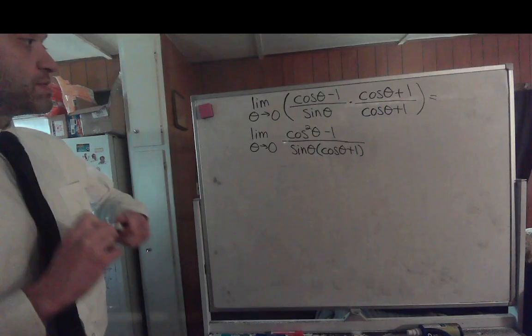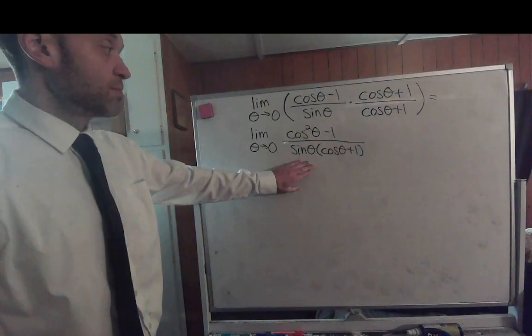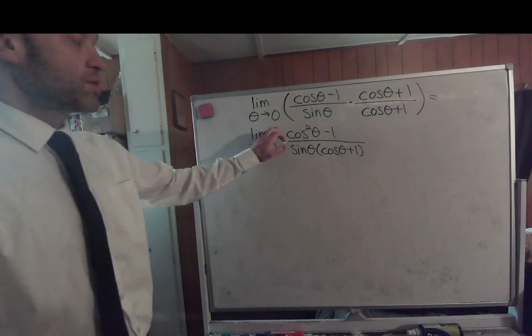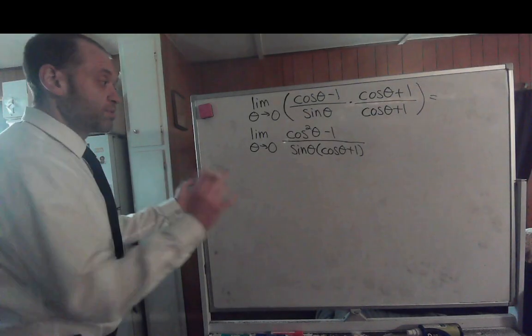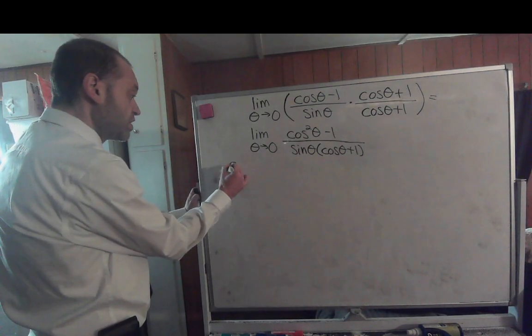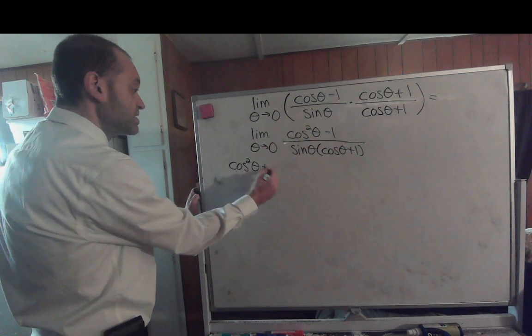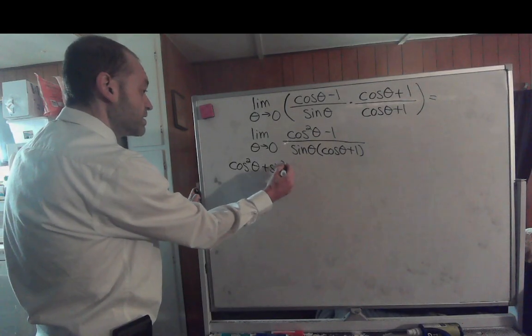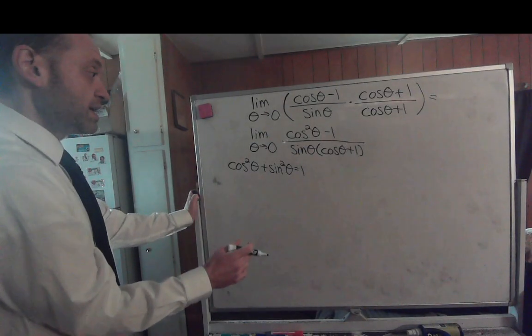Well, the numerator is going to be a big game changer. If we remember the Pythagorean identity, cosine squared of theta plus sine squared of theta equals 1. That's a huge identity.